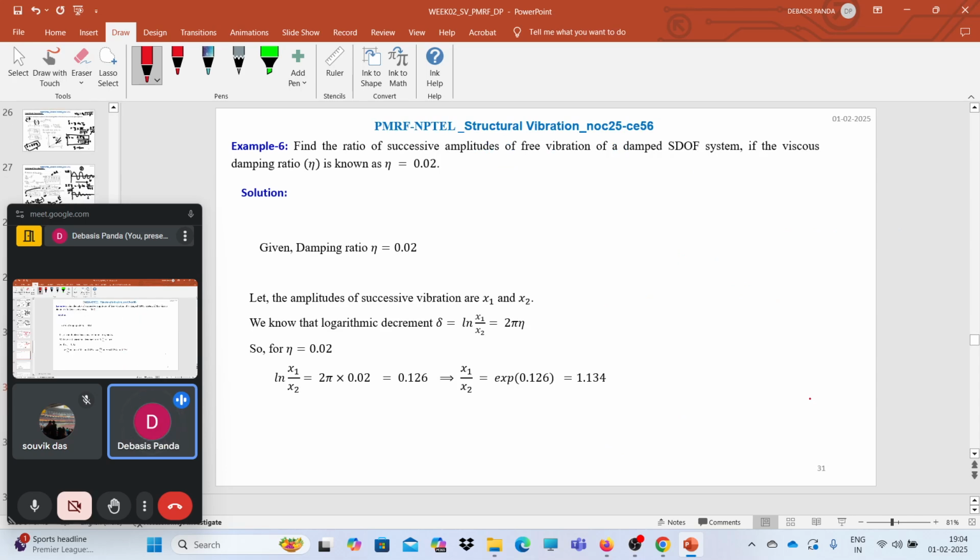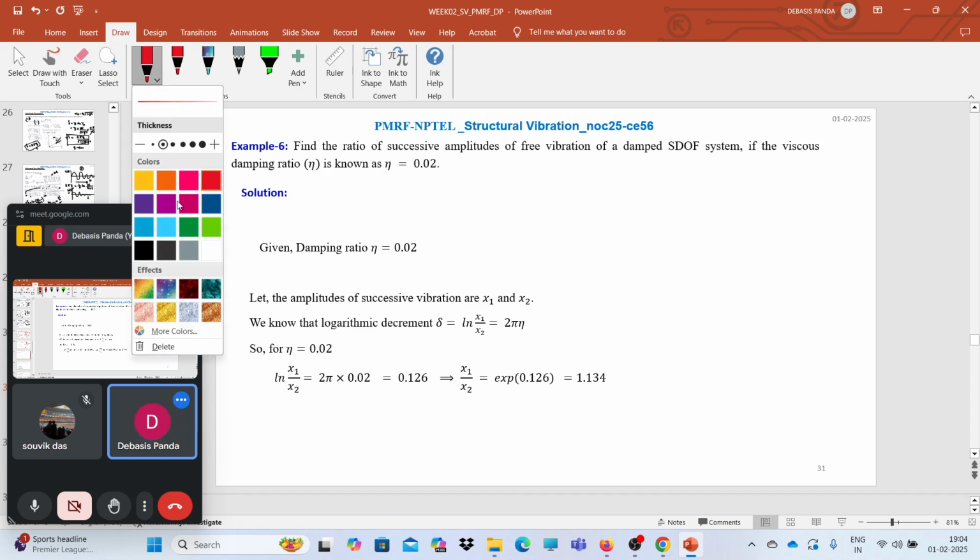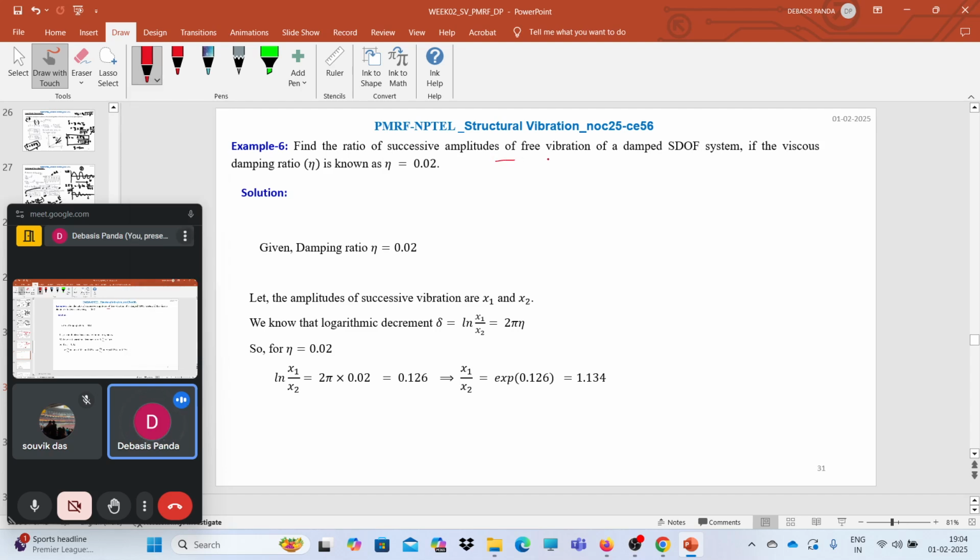Now in this question, what it asks, find out the ratio of two successive peak amplitudes of free vibration of a damped SDF system if viscous damping ratio is 0.02. That means 2% damping is present on the system. So how we can calculate it? So zeta is provided 0.02. We know delta is nothing but ln of two successive peak amplitudes x1 by x2, right?